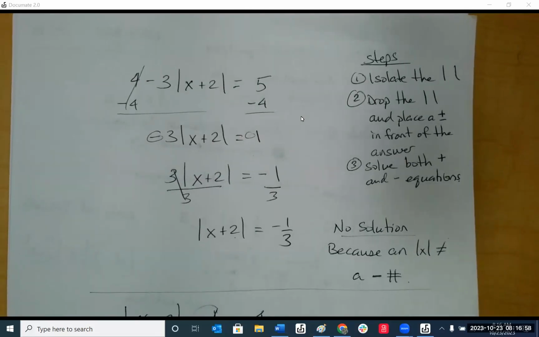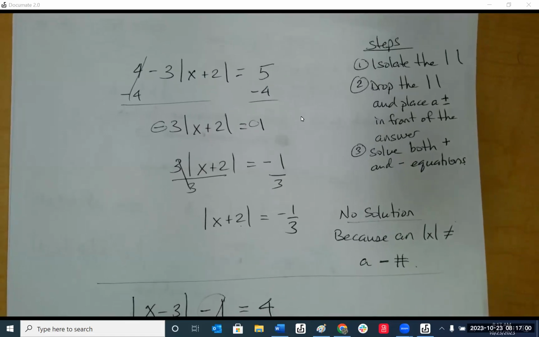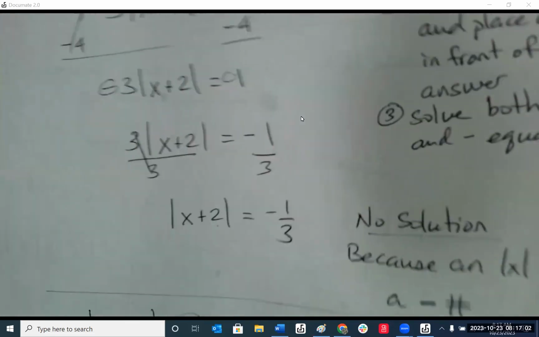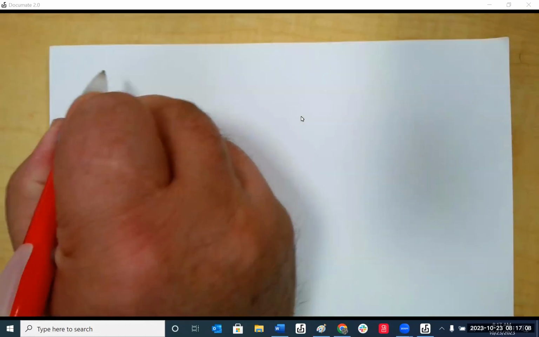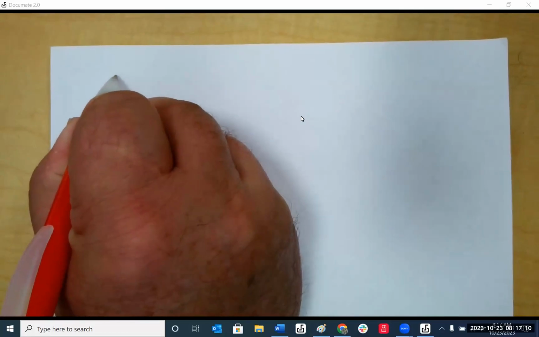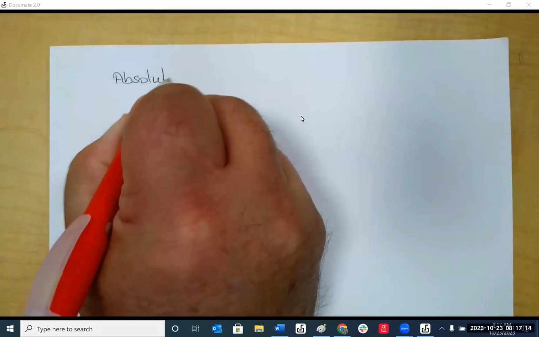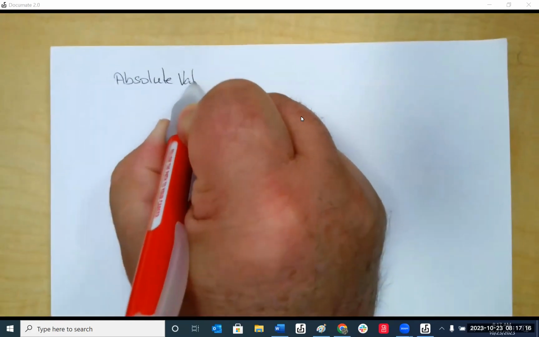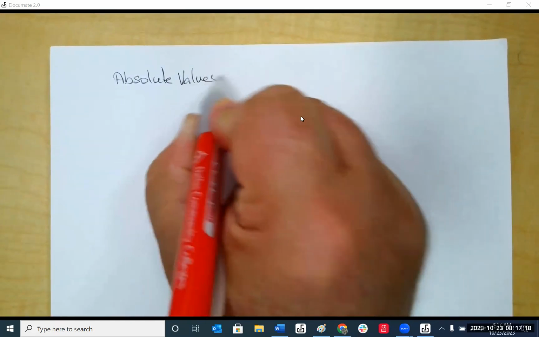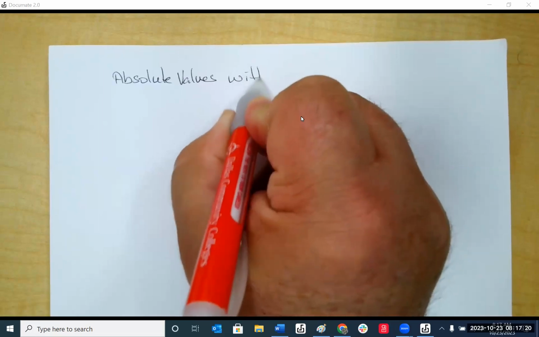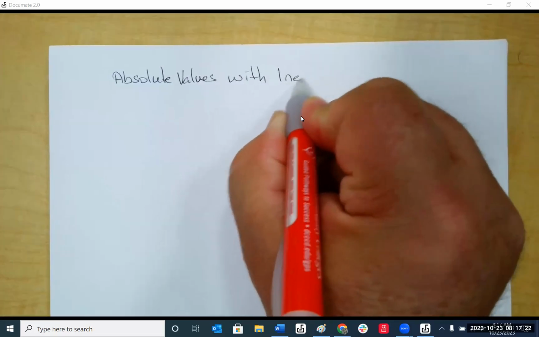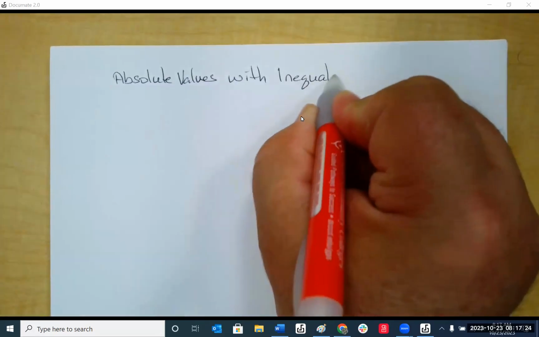All right, now inequalities. Absolute value with inequalities.